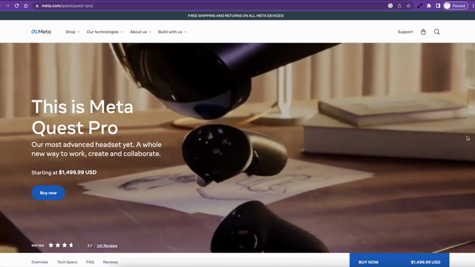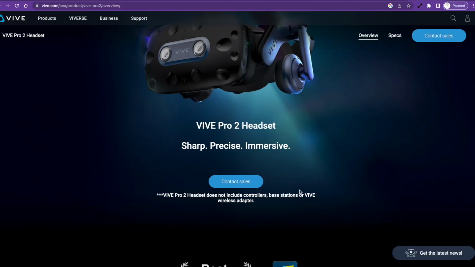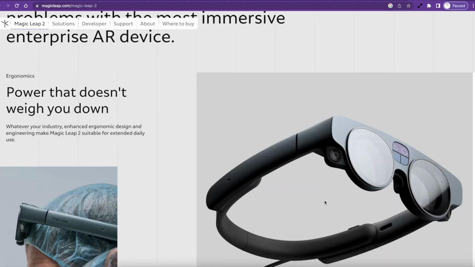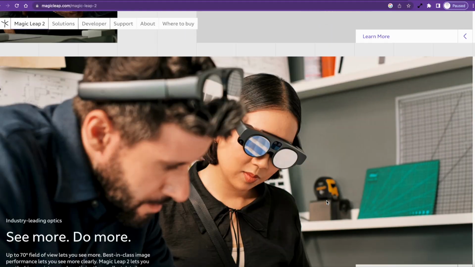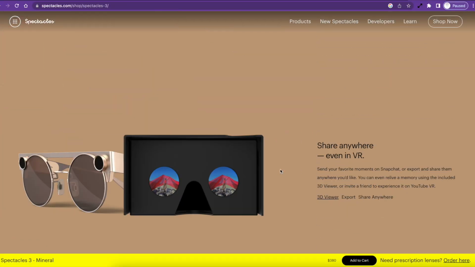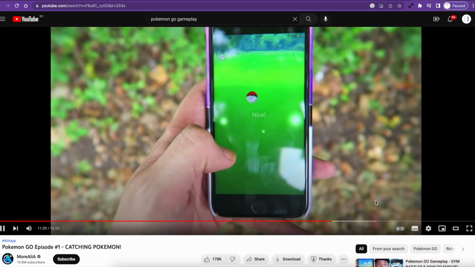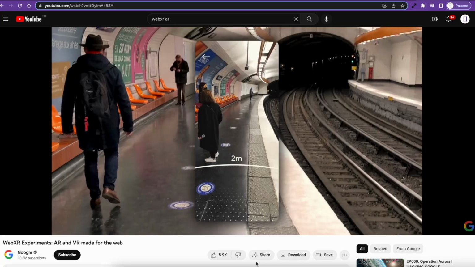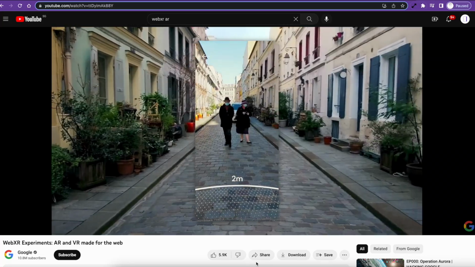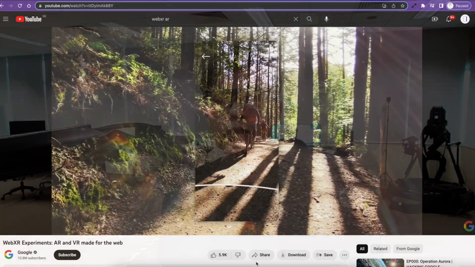And today the most common devices for VR include the Meta Quest and HTC Vive series of headsets. And for AR, devices include the Magic Leap and Snap AR spectacles. That being said, AR is currently most commonly consumed through the screens of plain vanilla smartphones with a running camera video feed.